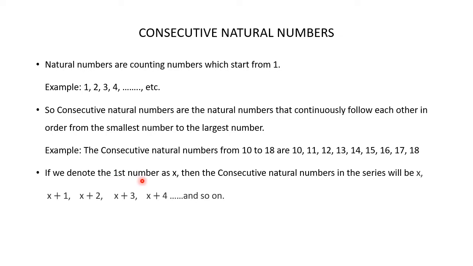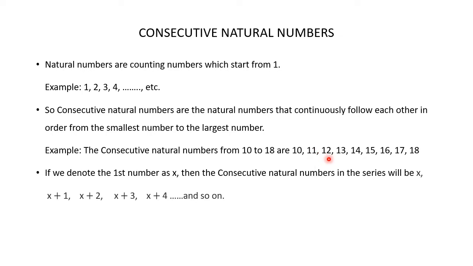If we denote the first number as x, then the consecutive natural numbers in the series will be x, x plus 1, x plus 2, x plus 3, x plus 4, and so on. In this example, if x is equal to 10, then the next number will be x plus 1, that is 10 plus 1, 11.